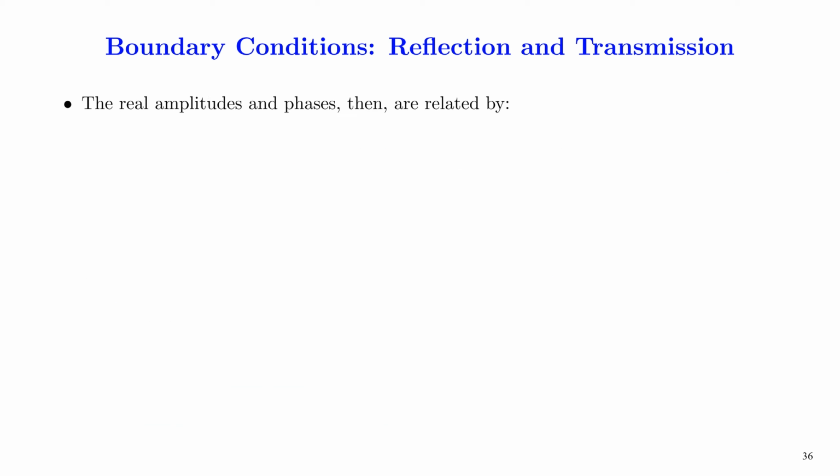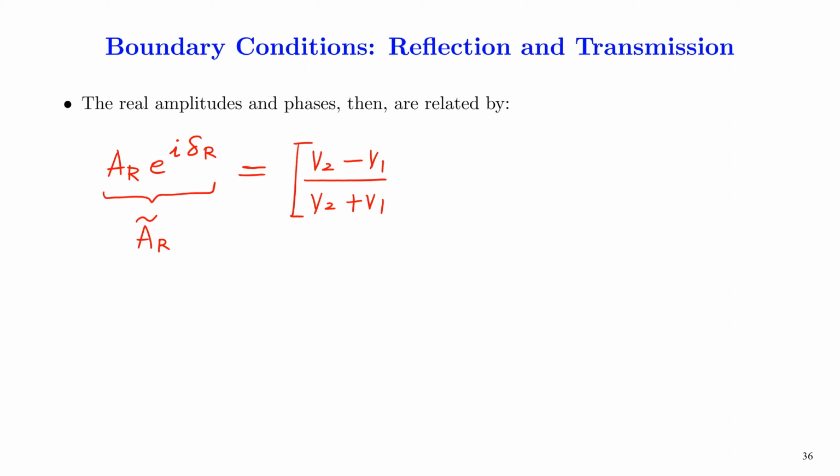How would the real amplitudes and phases be related? They are related as AR e raised to i delta R. So this is what we call the complex R, and this is equal to (v2 minus v1) over (v2 plus v1) then AI e raised to i delta I, and this is what the complex I is.